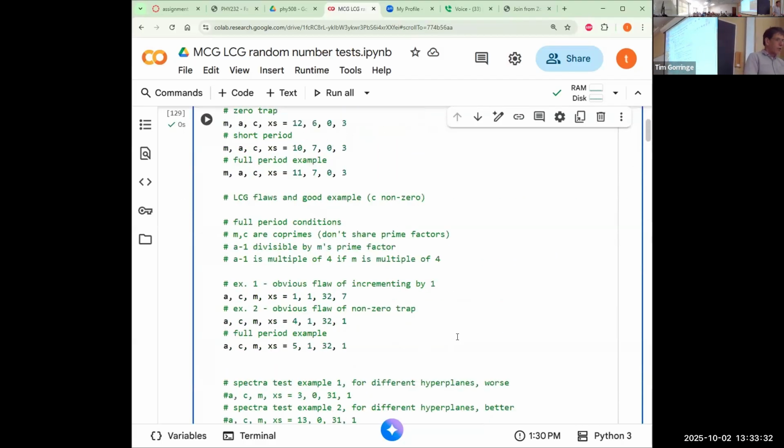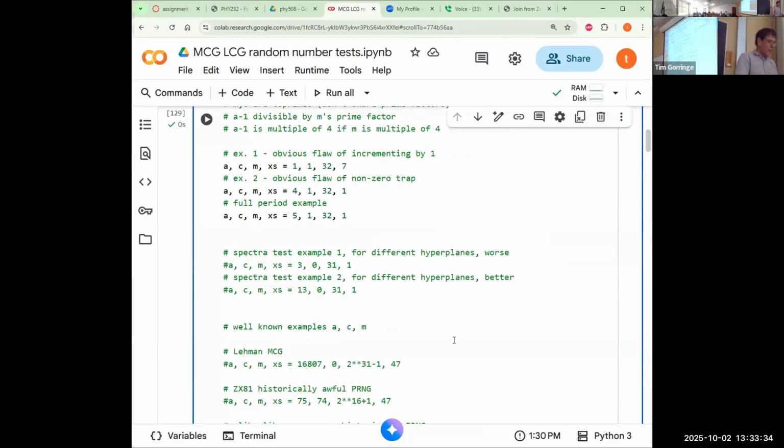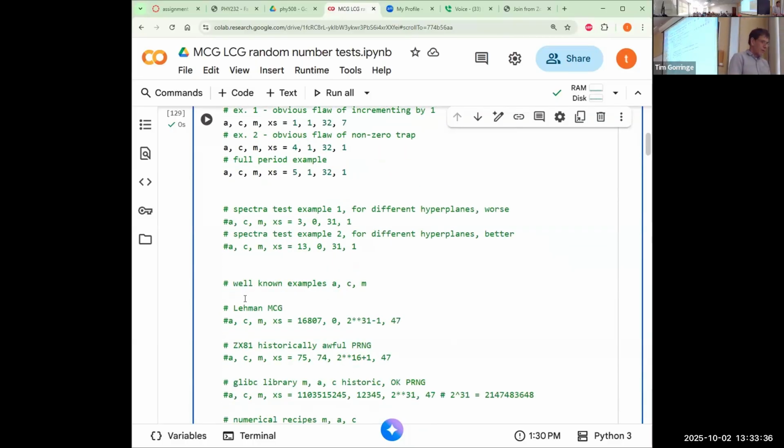Okay, so those are a bunch of examples. Let's actually look at a case that was one of the earliest random number generators. This was out of the Manhattan Project. This linear congruential generator with these parameters for generating random numbers.